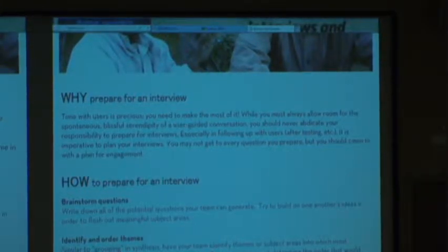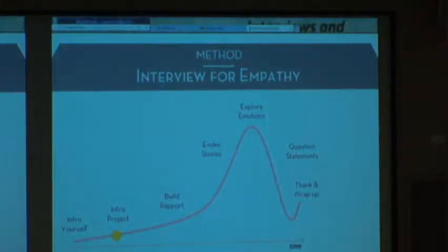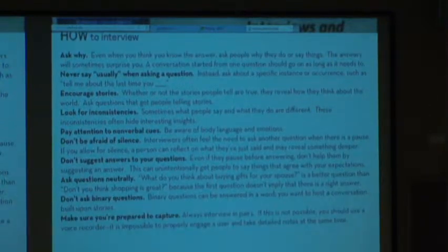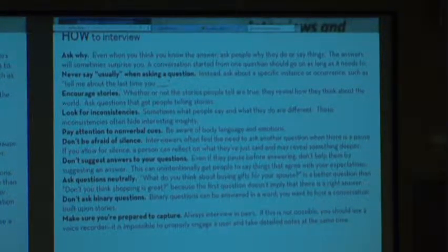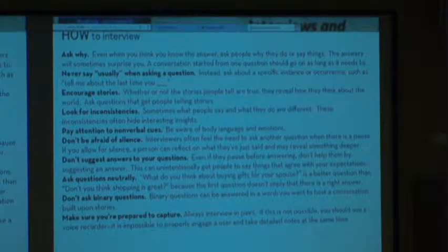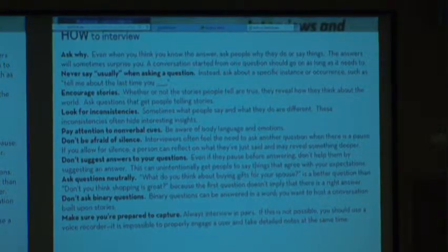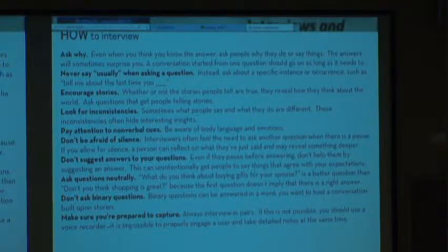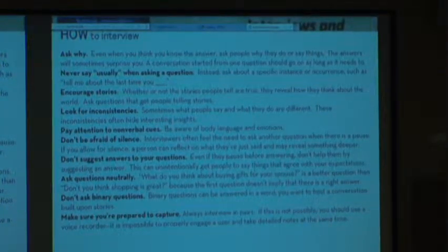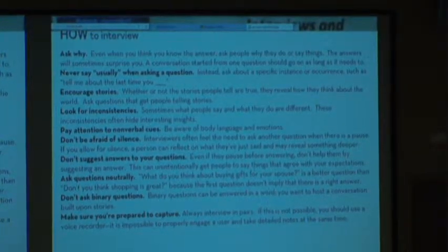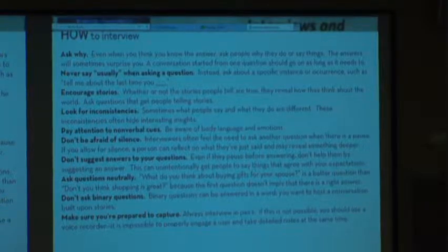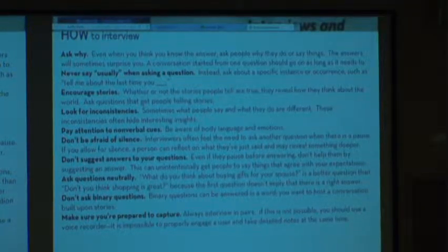And then these are great suggestions for how to interview and how to create questions that are going to elicit the most information. So instead of just saying, do you want this to be red or blue, you really want to start to ask. And for those of you who did the wallet exercise, having people describe what their day was like provided a lot more insight than asking very specific questions about, do you want one thing or another?